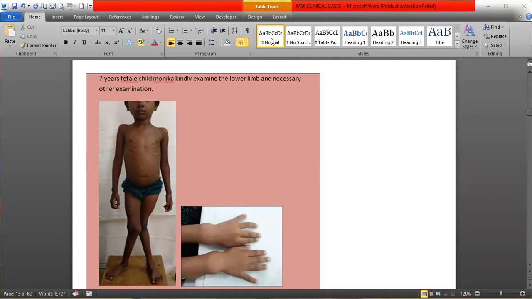Next, I will do the hip joint movements, the six movements of the hip joint: flexion, extension, internal rotation, external rotation, adduction and abduction. There is no restriction of movement.